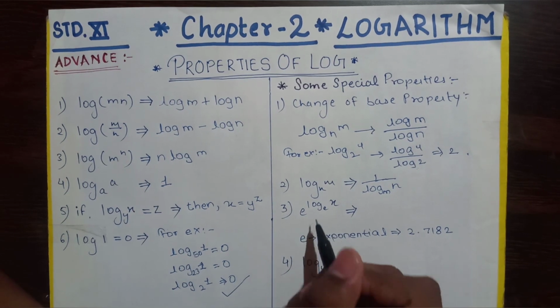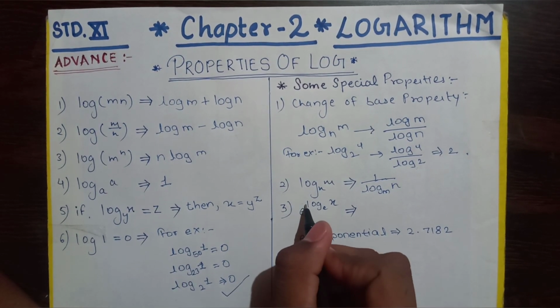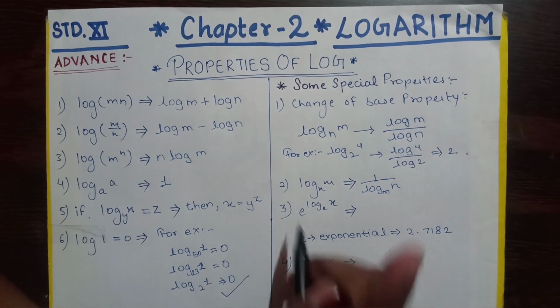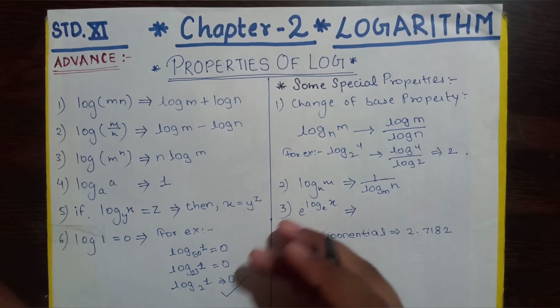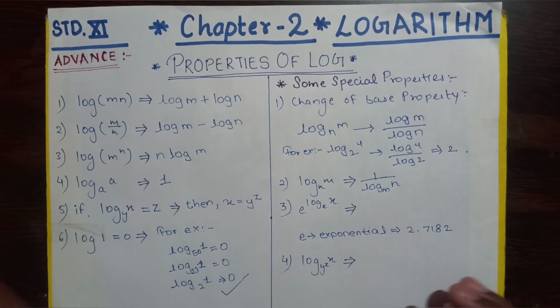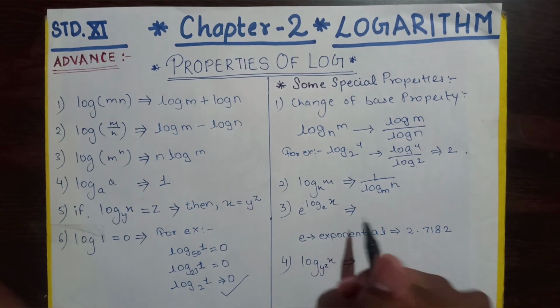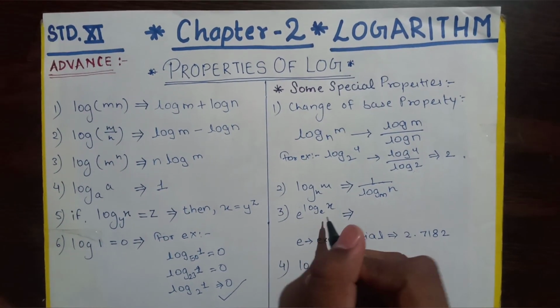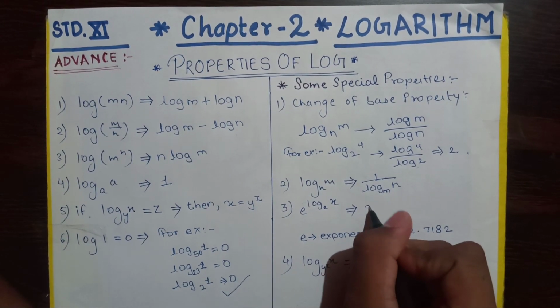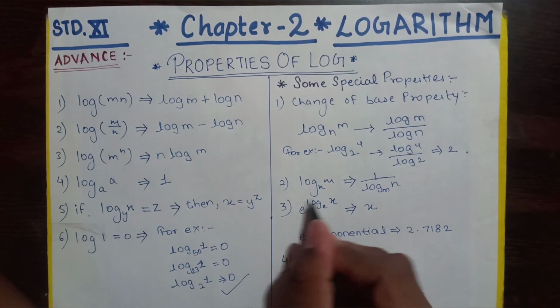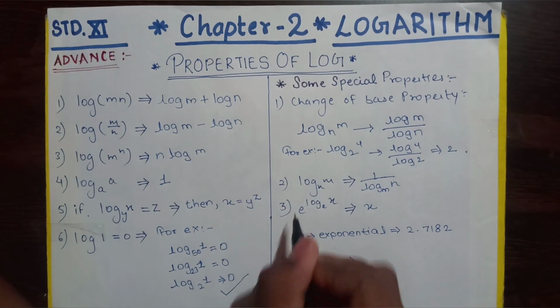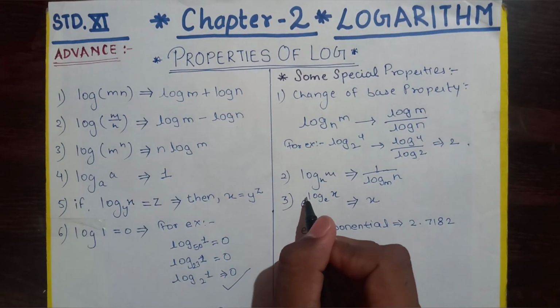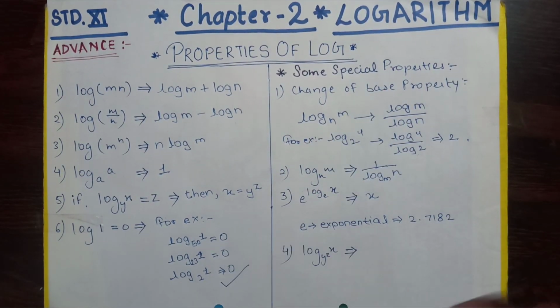We can use this formula only if the coefficient here is 1. If it is more or less than 1, then we can't use this formula. So this formula says that e raised to log x to the base e is equal to x. Therefore the condition is that 1 should be present here.